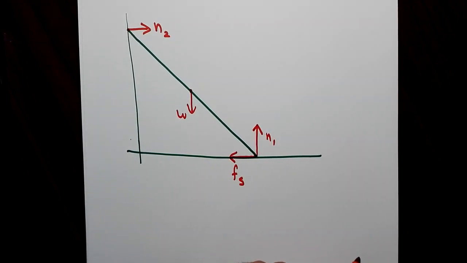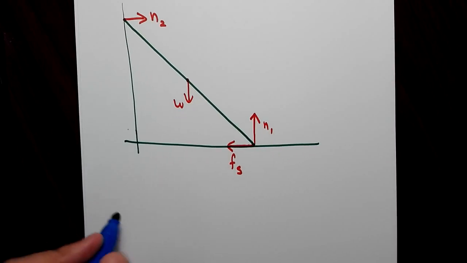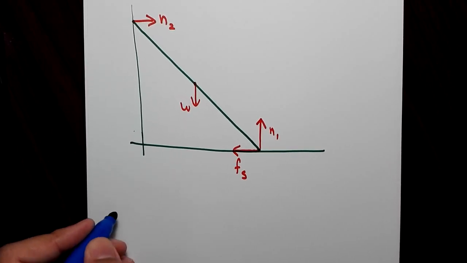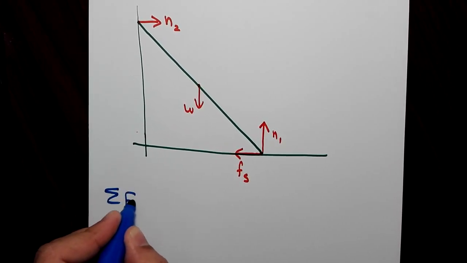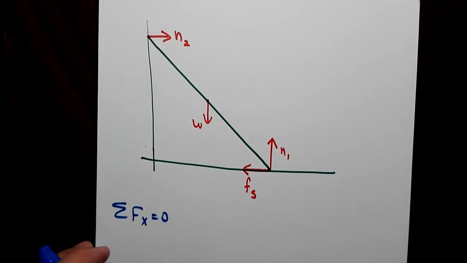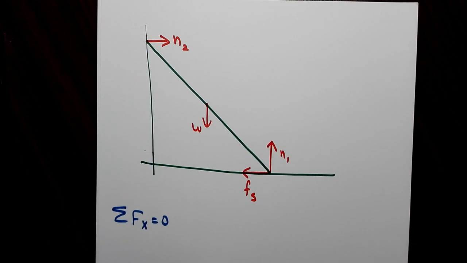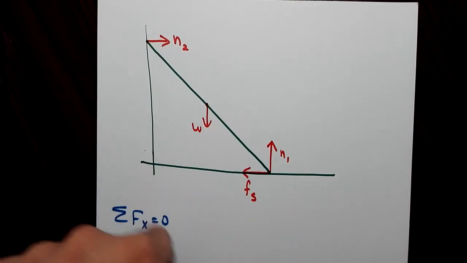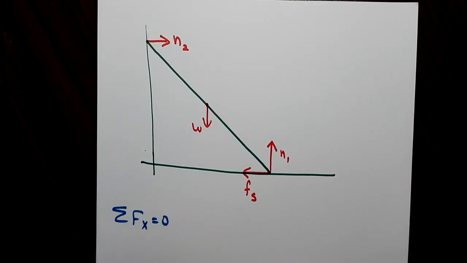Now let's apply the first condition. The first condition is that the net force in the x direction has to be 0. Pause the video and think about this question. What are the horizontal forces acting on this system?